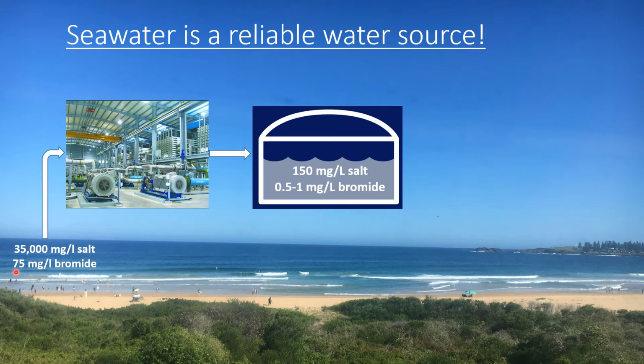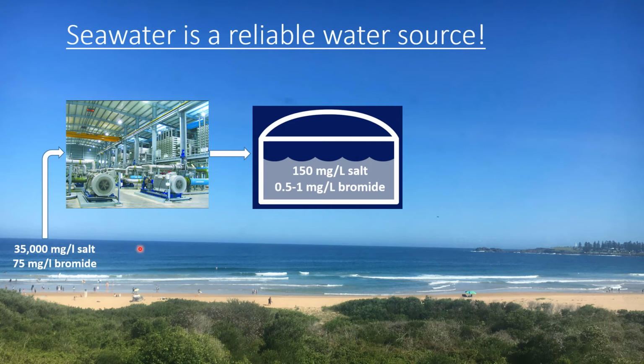Seawater has 35 gram per liter of salt and 75 milligram per liter of bromide. In Australia, we focus more on bromide than boron concentration, because most desalinated water is mixed with fresh water, such as dam water or groundwater, so our boron concentration is relatively low.